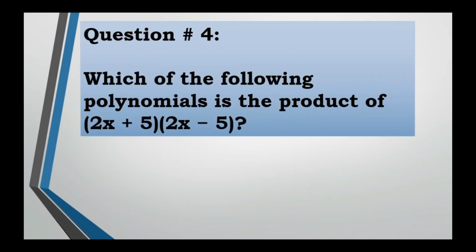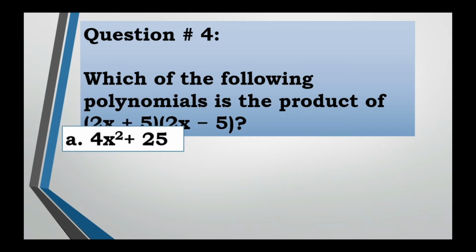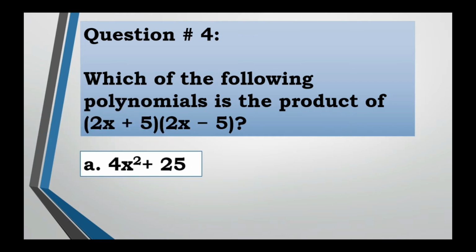Question number 4. Which of the following polynomials is the product of 2x plus 5 times 2x minus 5? Letter A, 4x squared plus 25.